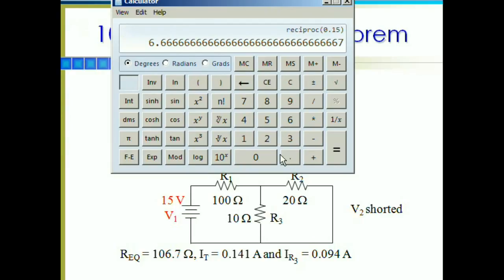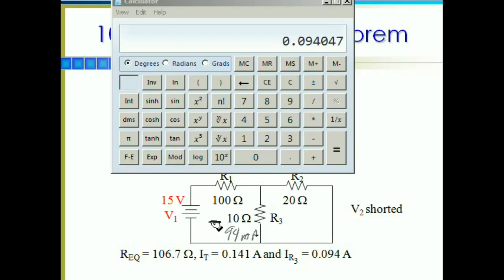So using the conductance method, I can say 10 1 over x divided by 6.67 1 over x equals 0.667 times the total current, so my current going through my 10 ohm resistor then is 94 milliamps, being fed by the 15 volt source.